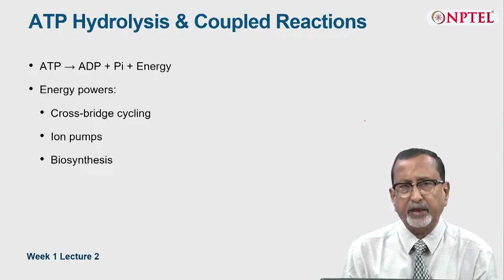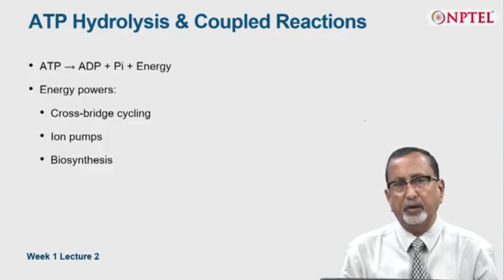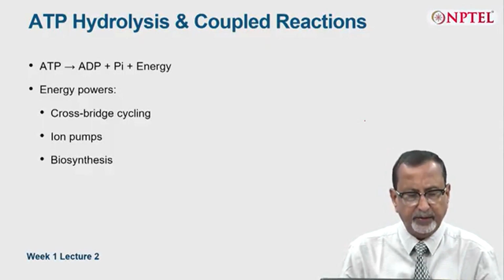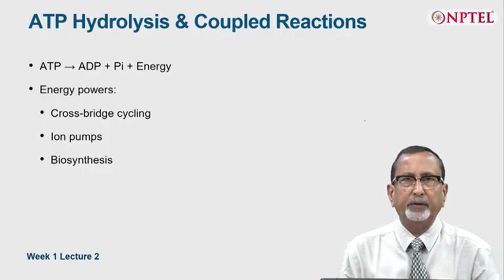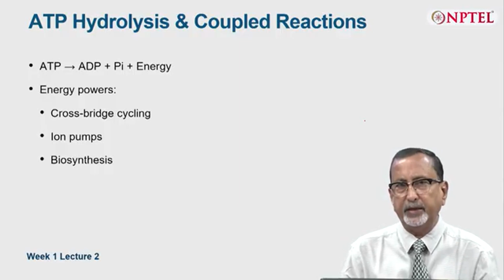Different active transport processes are also driven by ATP, and so are different biosyntheses. Like in the glycolytic pathway, there is an investment phase of ATP, that is the first 2 or 3 reactions in glycolysis where energy is required to drive it forward.